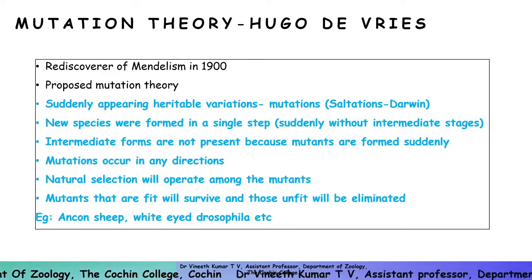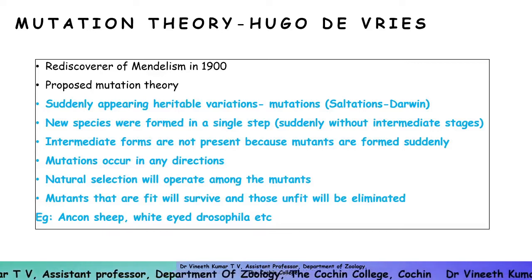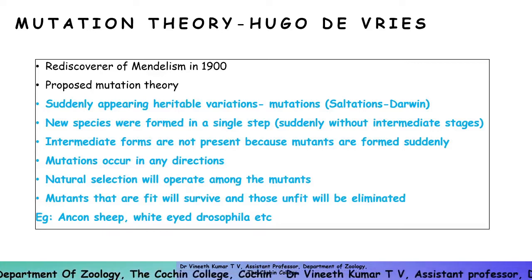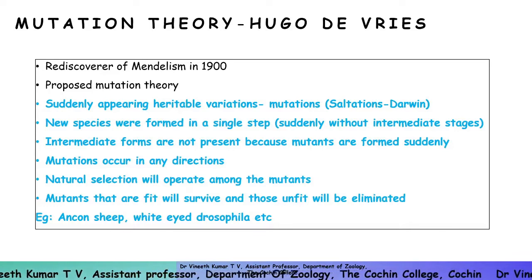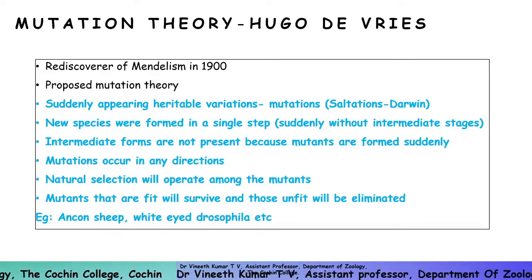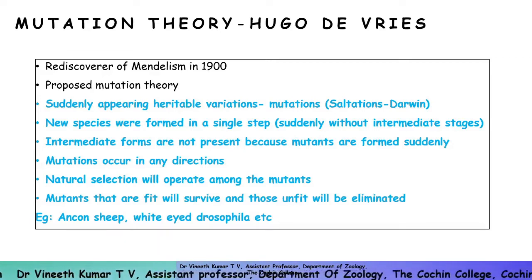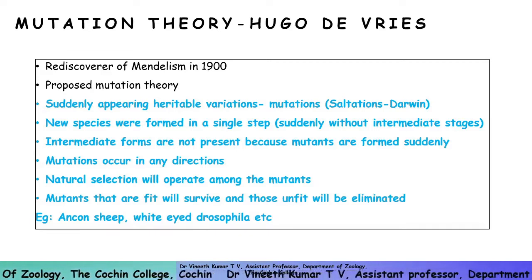De Vries proposed that mutations are suddenly appearing heritable variations, and these suddenly occurring variations were termed saltations by Darwin. But he coined a new term for such variations, and he called them mutations.